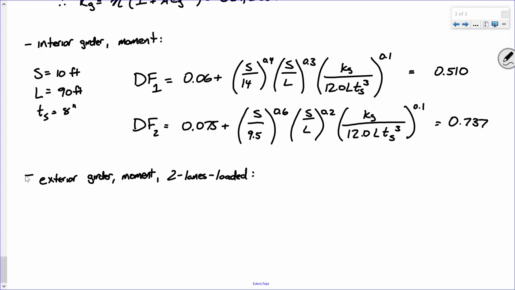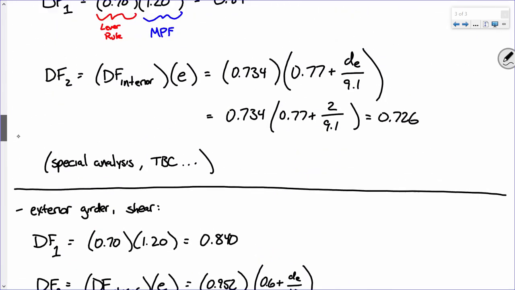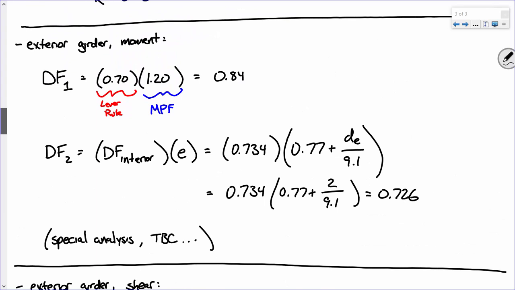Okay. So if you recall, this is where we take that distribution factor for the exterior girder, and the way we compute it is we take the distribution factor for the interior girder and modify it by that value E. Remember that? Everybody remember that? So what was E for moment? Remember this? That 0.77 plus DE over 9.1.